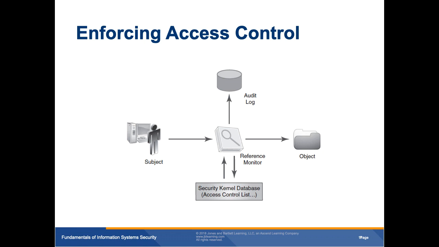The kernel intercepts this request, and then the kernel refers to its rule base, also known as the kernel database, its access control list, and it uses these rules to determine the access rights. And access rights are set according to the policies of an organization. And then the kernel allows or denies the access based on the defined access rules. And then all access requests handled by the system are logged for later tracking and auditing.